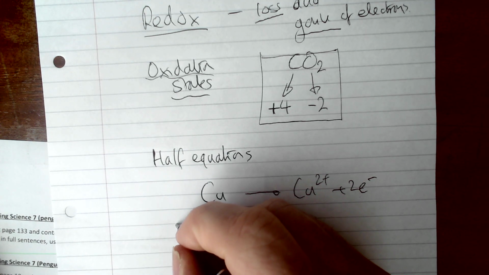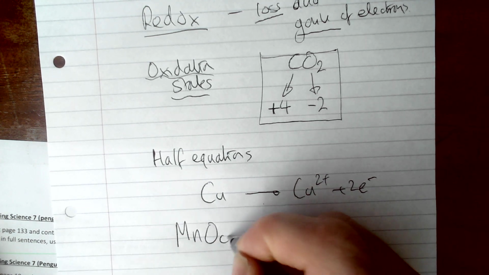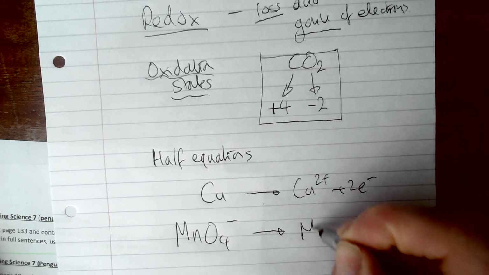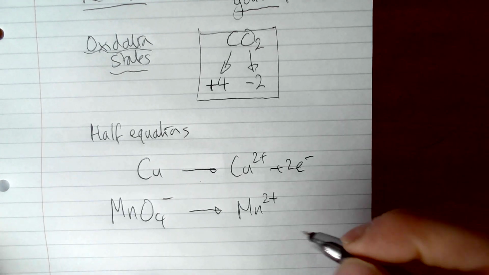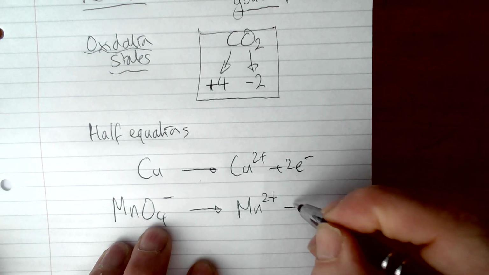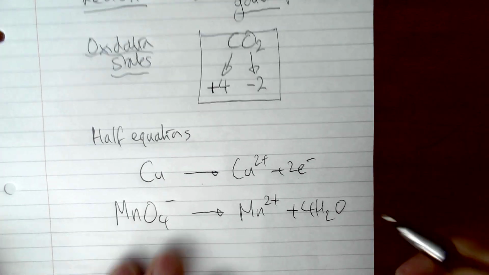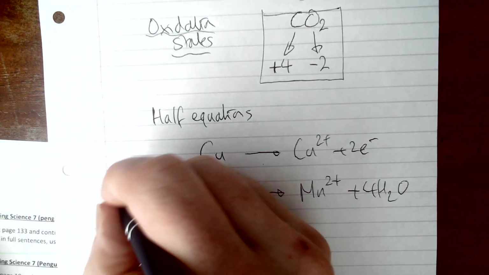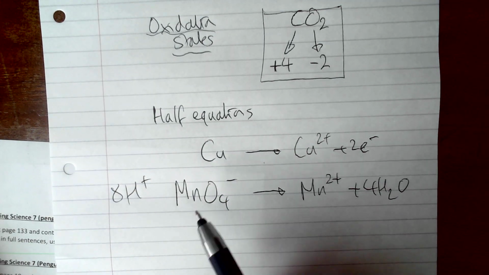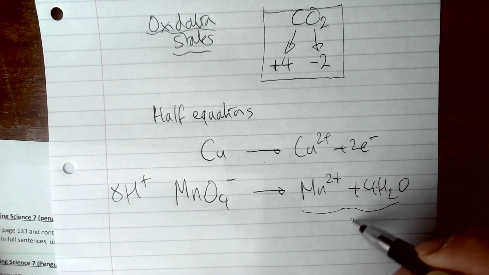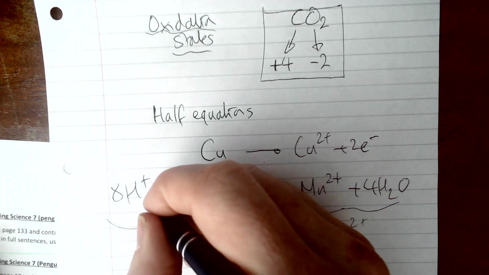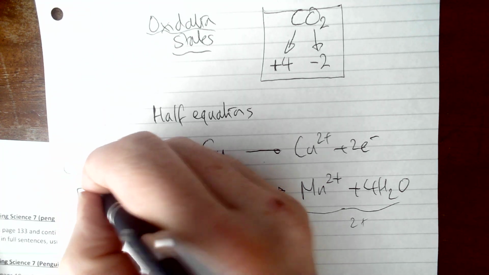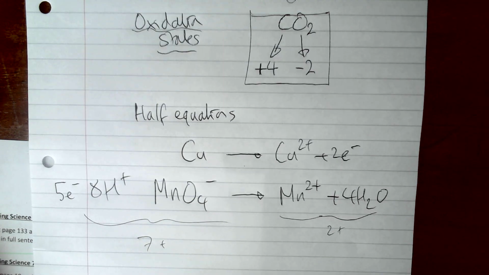Or they could be complicated, where we say things like this: MnO4- can turn into Mn2+, and they might say balance this half equation, in which case you would balance the oxygens, 4 H2Os, balance the hydrogens, 8H+, balance the charges. Well, this side is 2+, this side currently is 7+, so I'm going to need 5 electrons on here.